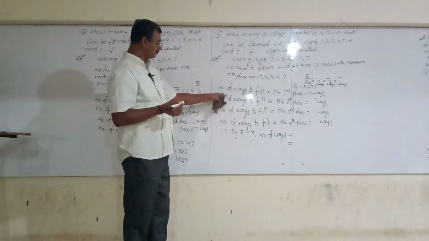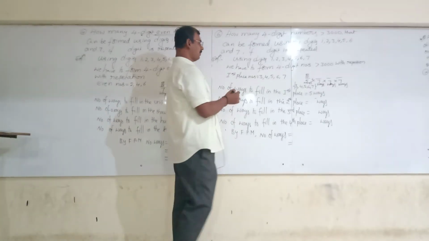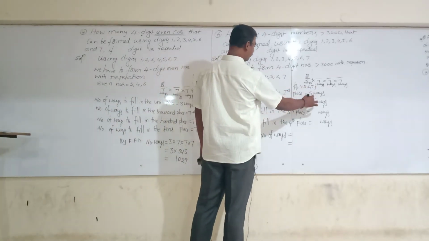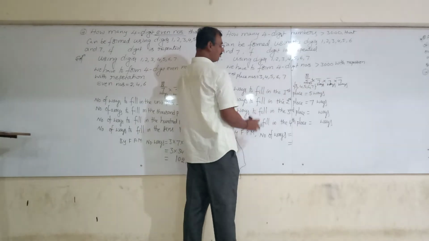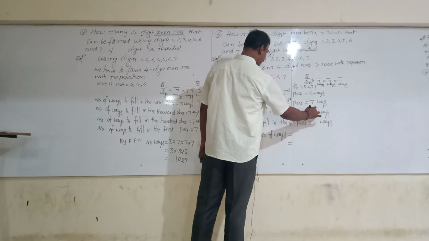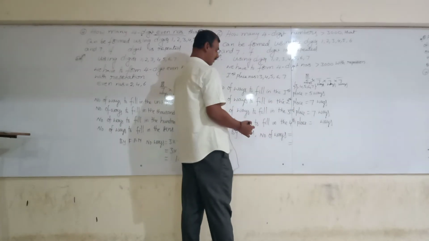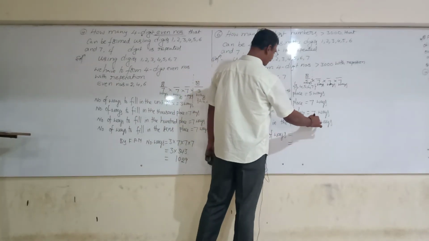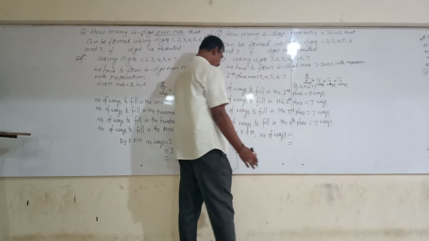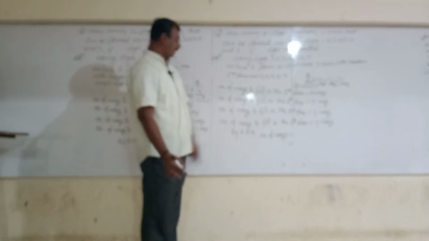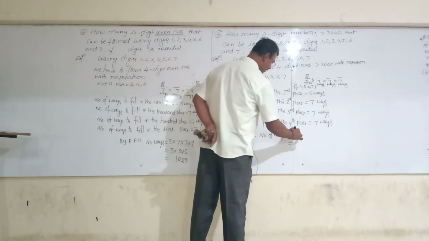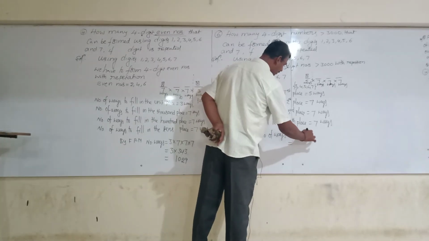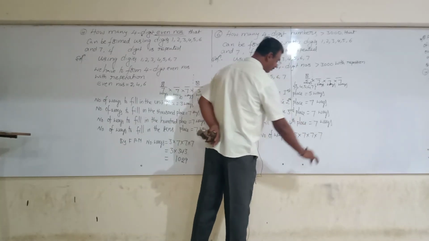The writing is the same. Number of ways to fill in the first place, 5 ways. Second place, 7 ways. Third place, 7 ways. Fourth place, 7 ways. By the fundamental principle of multiplication, 5 into 7 into 7 into 7.